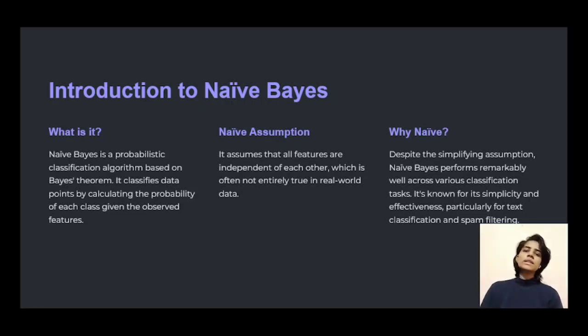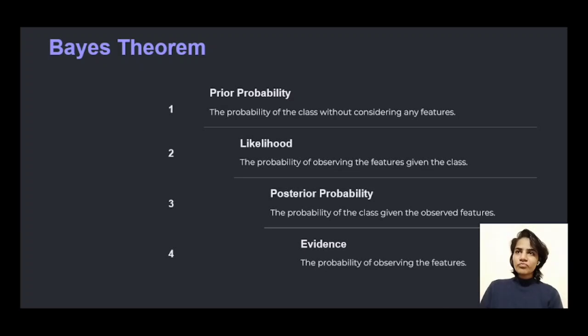So why do we use naive Bayes? Despite the simplifying assumption, naive Bayes performs remarkably well across various classification tasks. It's known for its simplicity and effectiveness, particularly for text classification and spam filtering. Right? So what are the steps of naive Bayes theorem?